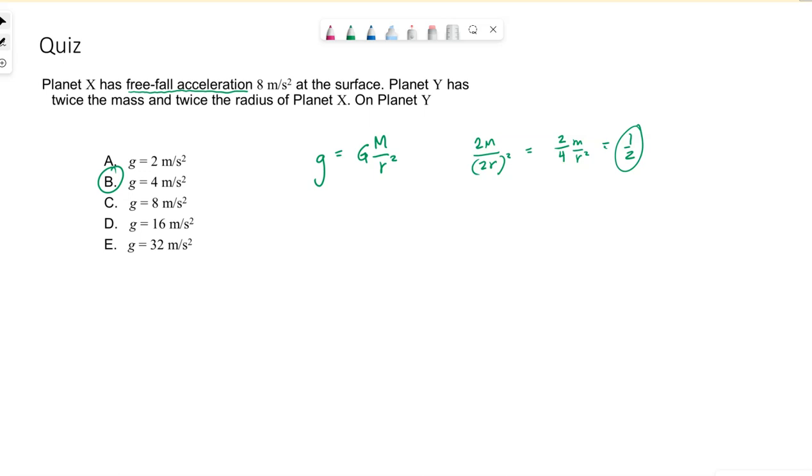Okay, if you want to see this a little more specifically, I could say g of planet X is capital G m over r squared.